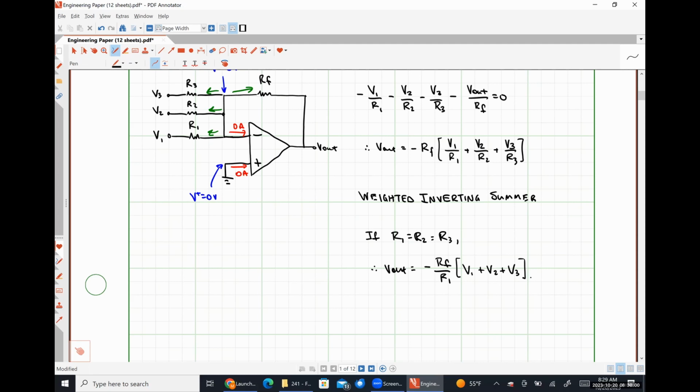This is just an inverting summer. All of the different input signals have the exact same weight applied to them. So where do you think something like an inverting summer might be used?